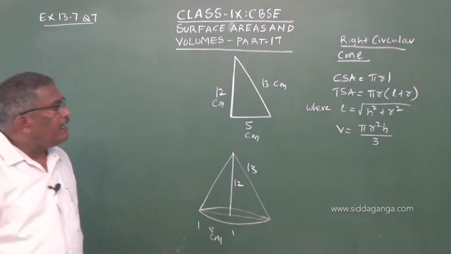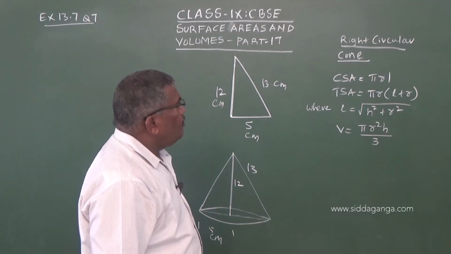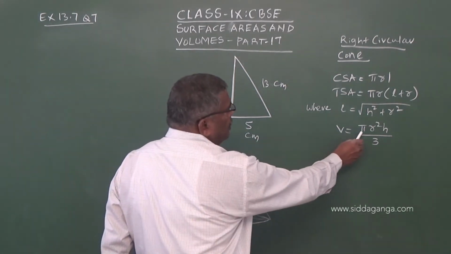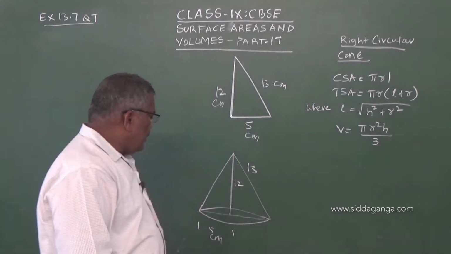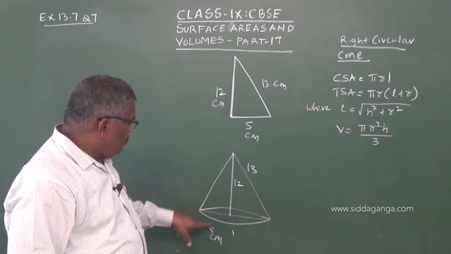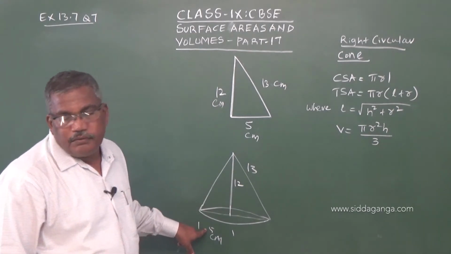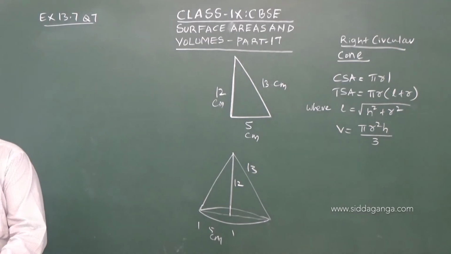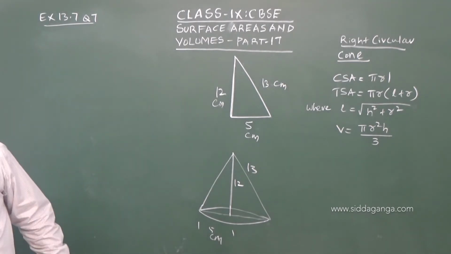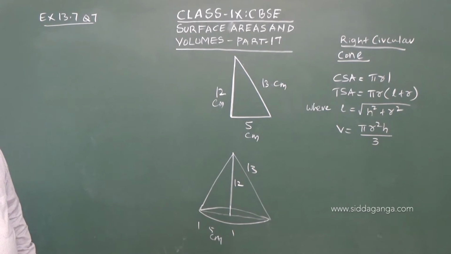We have to calculate the volume. For calculating volume, what is required? Pi r square h. Here we have the h value and r value, so we can easily calculate the volume. This is the figure.